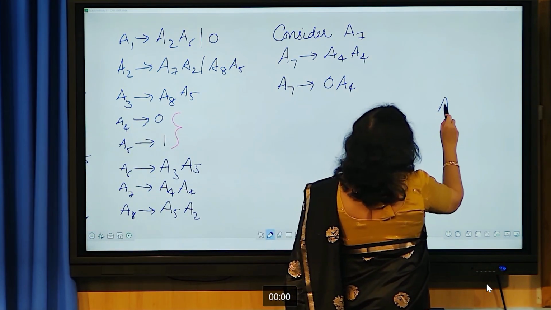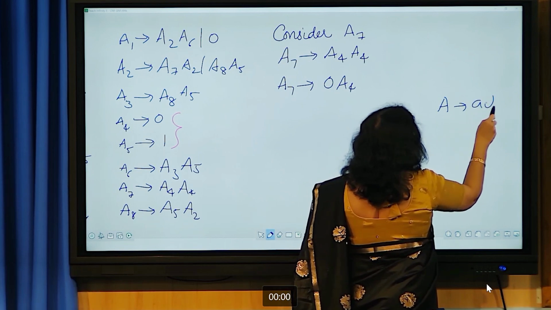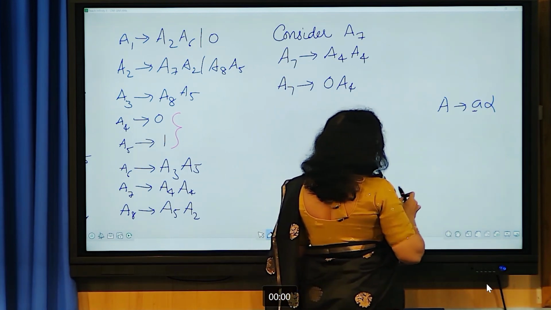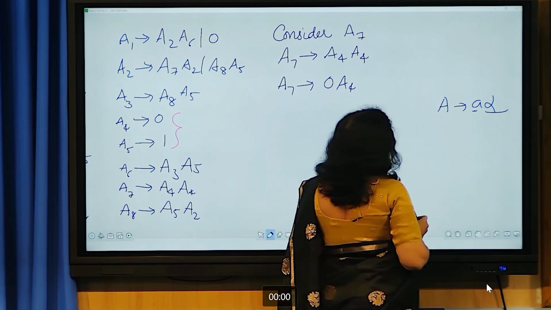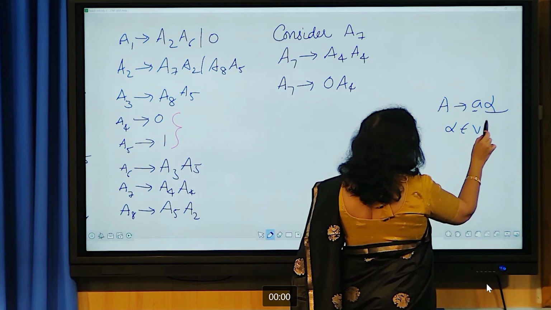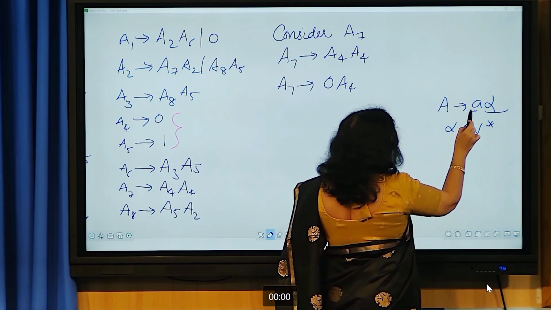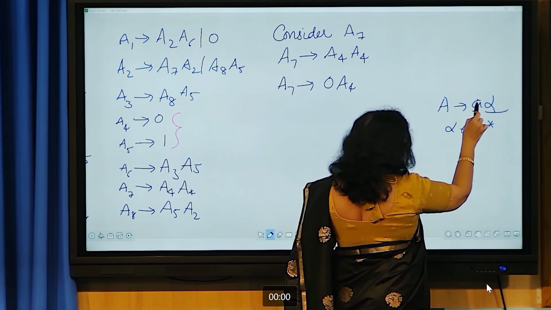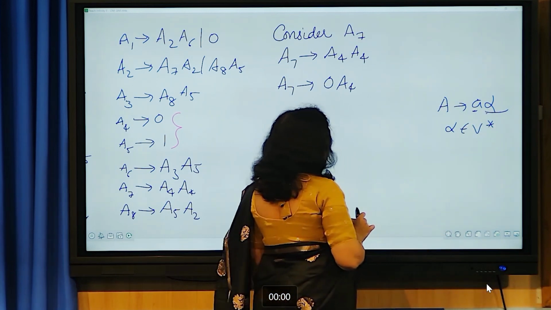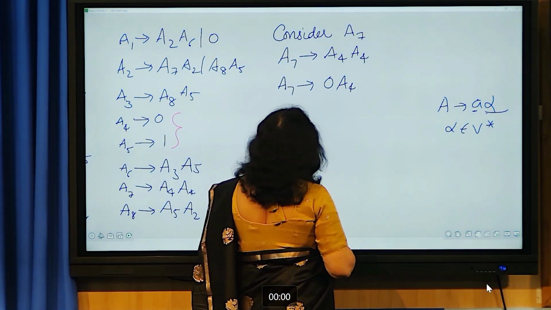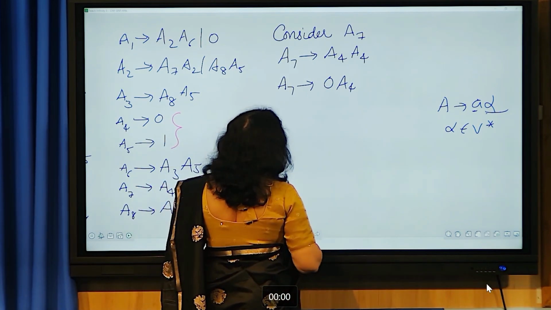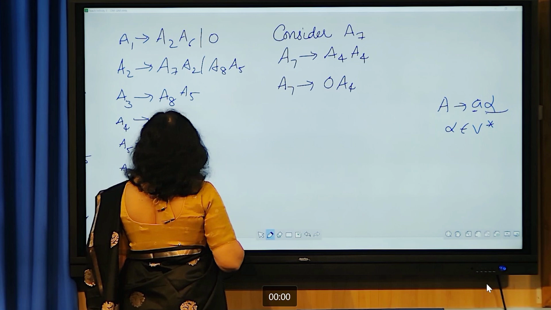GNF says A produces A alpha, so it should have one terminal followed by any number of variables, because alpha belongs to V star. If we have a terminal to start with followed by any number of variables, then the production will be in GNF. So now we got one terminal followed by a variable. So, A7 is in GNF.